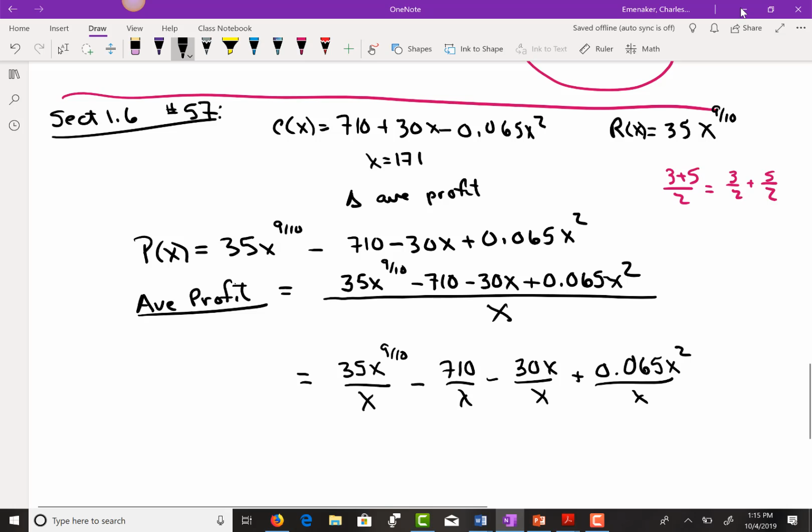And the advantage to doing this is on a number of these terms, things simplify. For example, see the minus 30x over x? The x is canceled. The x here cancels with this one. This will cancel with this, leaving you with a negative 1/10.